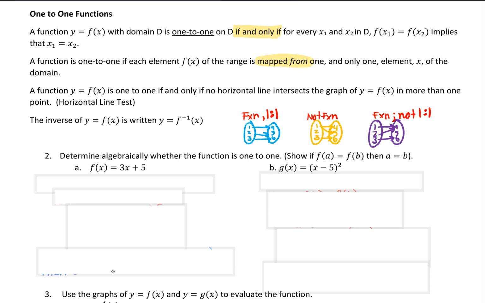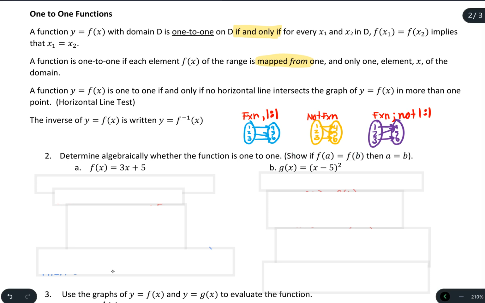So here if we look at these bubbles, this diagram right here is a function and it's one-to-one because each x only has one y, and then each y only comes from one x. If I go the other direction, they only go back to one value. The second diagram here is not a function because we can see that this input of 1 has two different y values.